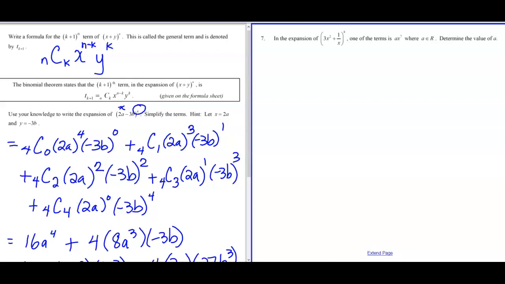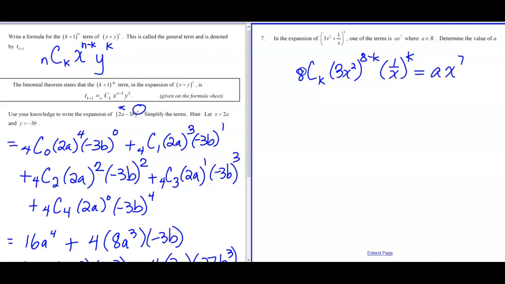The exponent is 8, 8C, and we'll use a k for right now. Then we would have (3x squared) to the 8 minus k, (1 over x) to the k, which has to equal ax to the 7th.